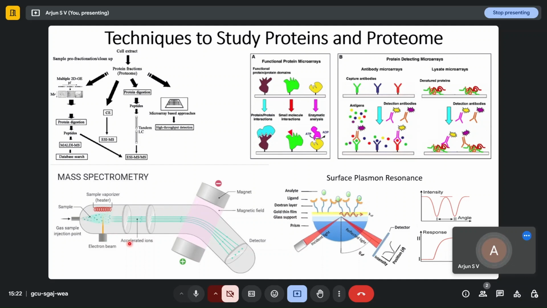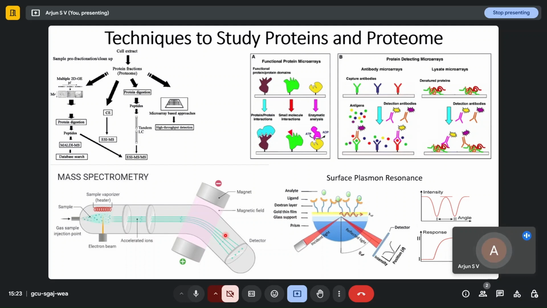We saw soft ionization techniques such as electrospray ionization and MALDI, and other mass analyzers such as quadrupole or time of flight, and we also saw other advanced techniques such as Orbitrap, Fusion Orbitrap, or QTOF, which involves two mass analyzers which are lined next to each other.